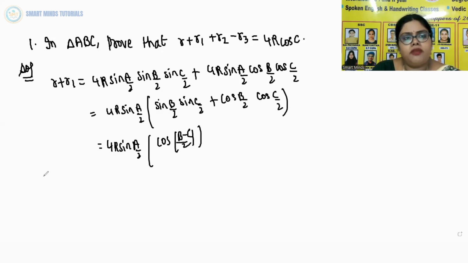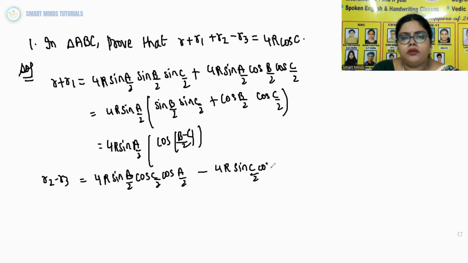Now the same way we will take r2 minus r3. The r2 formula is 4R sin B/2 cos C/2 cos A/2, minus r3, which is 4R sin C/2 cos A/2 cos B/2. So we can take 4R cos A/2 common.